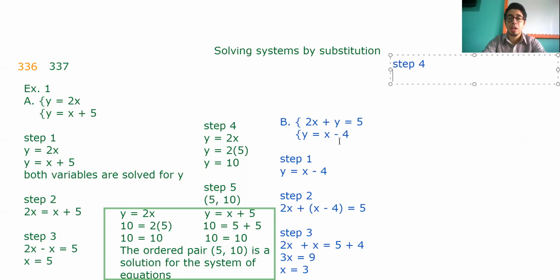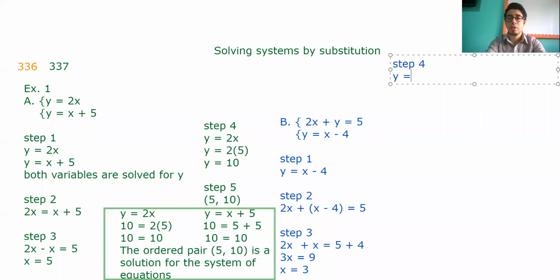We can replace it in here, for example, because it's the easiest one. Look, if I replace this in here, I need to multiply 2 times 3 plus y, and later pass the 2 times 3 to the other side. So when we replace, we are looking for the easiest one. I'm looking for the equation where I can replace the value and obtain the answer easily.